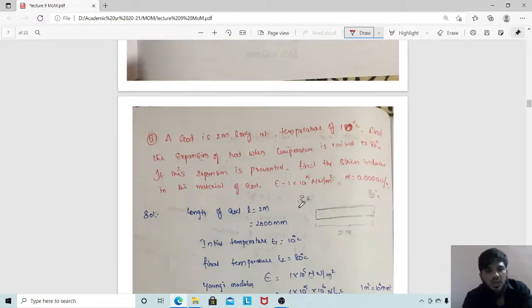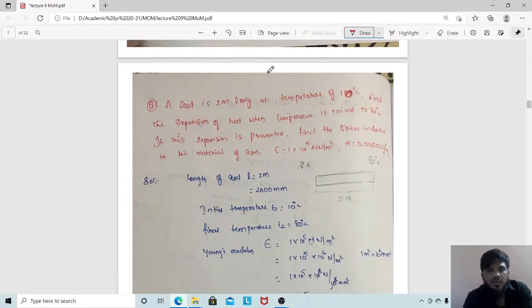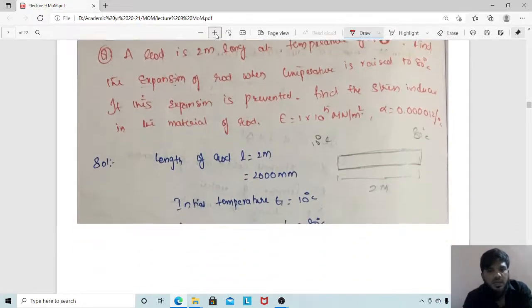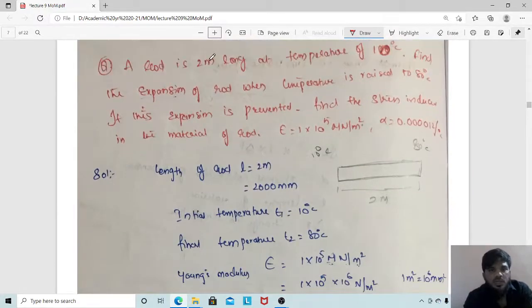A rod is 2 meters long at a temperature of 10 degrees. Most probably, when a temperature is given, you have to go for a thermal expansion problem. Find the expansion of the rod when the temperature is raised from 10 degrees to 80 degrees.